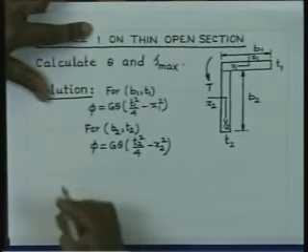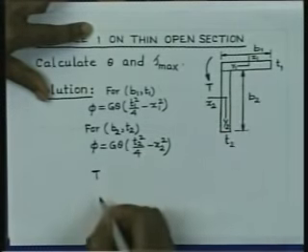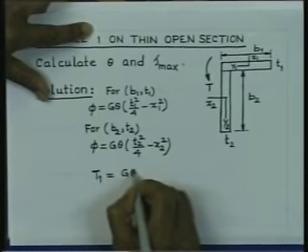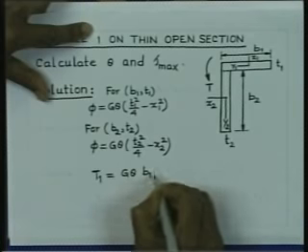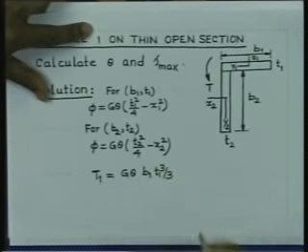Now, if I apply the formula for torsion for the portion B1 T1, torque T1 is going to be equal to g theta B1 T1 cube by 3.